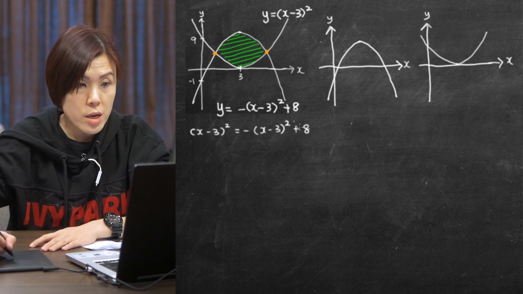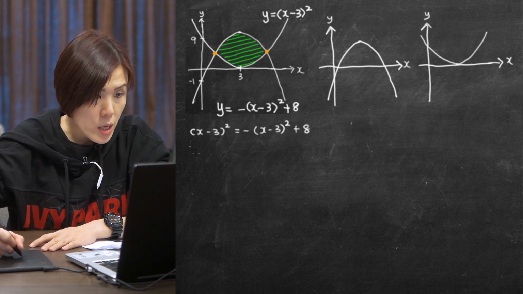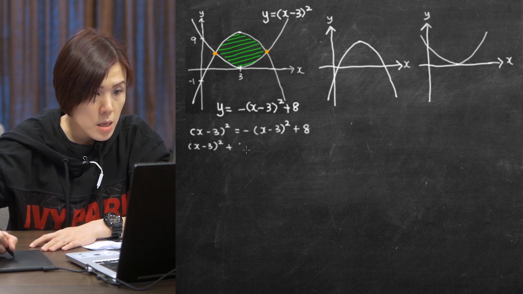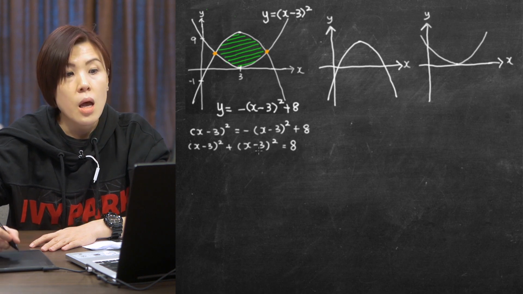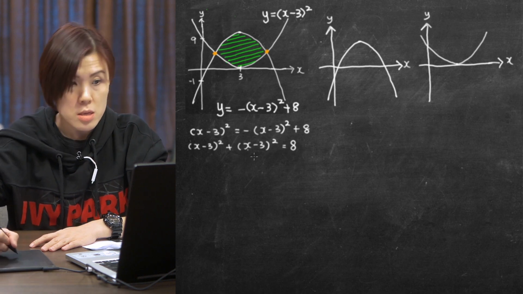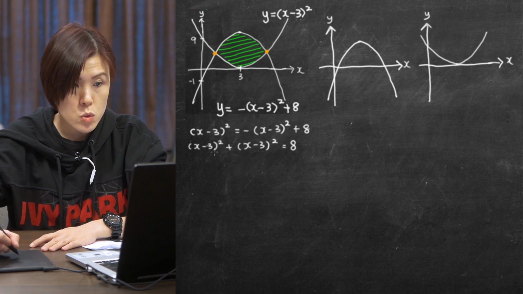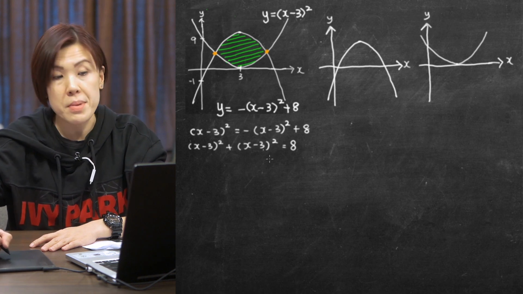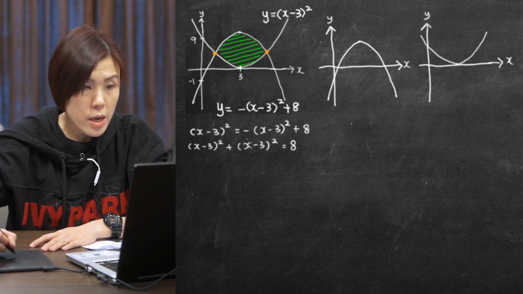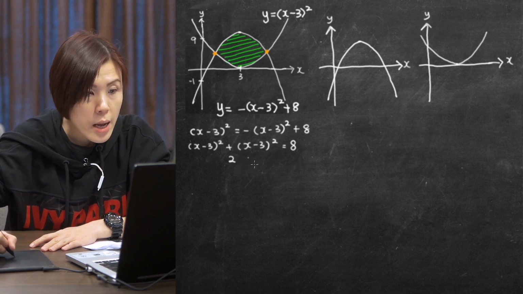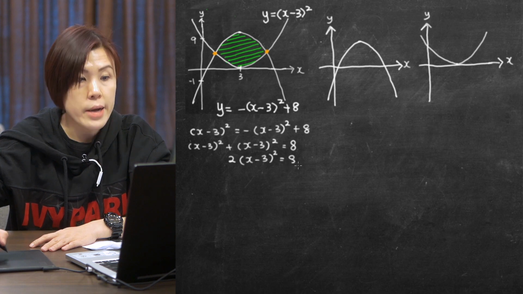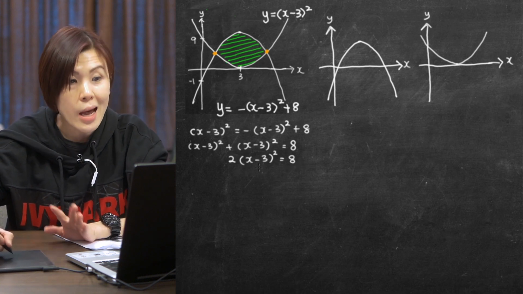And I will bring this to the other side, then we will have plus (x - 3)^2 equals 8. And we can choose not to expand this. As you can see, we have (x - 3)^2, and then the other one also (x - 3)^2, so we can add them together and put 2 times (x - 3)^2. And I can just solve these equations without expanding.